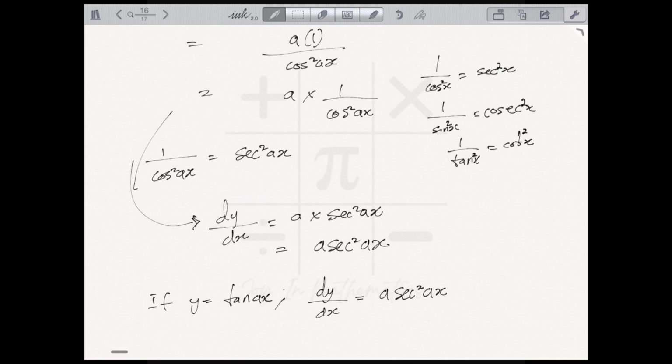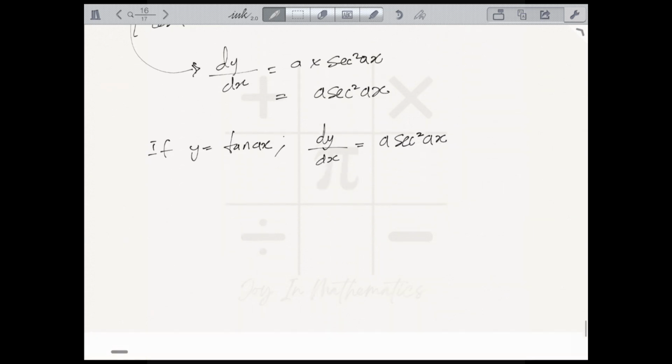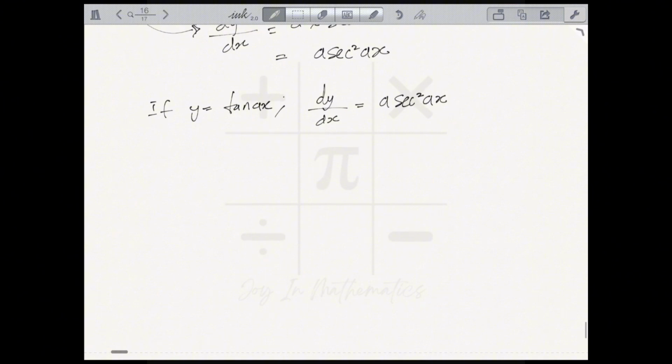In the same vein, we can be asked to evaluate the derivative. Question number 4, evaluate the derivative of y is equal to sec ax. We know that sec ax is 1 over cos ax.